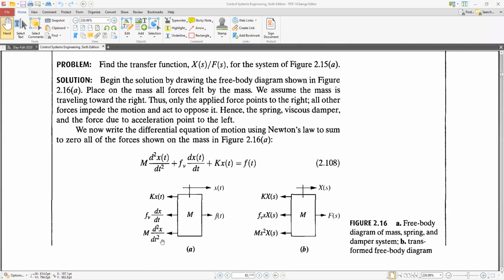Hence the spring, the viscous damper, and the force due to acceleration point to the left. We now write the differential equations of motion using Newton's law to sum to zero all of the forces shown on the mass in figure 2.16a.